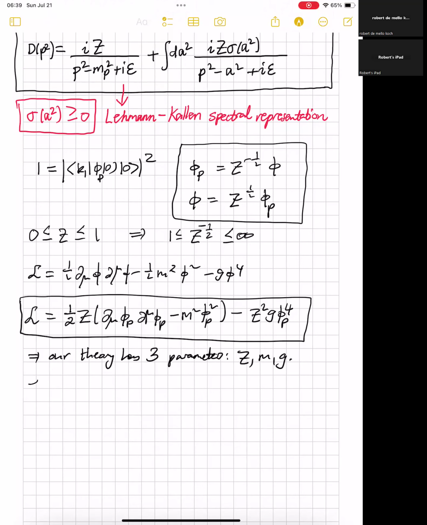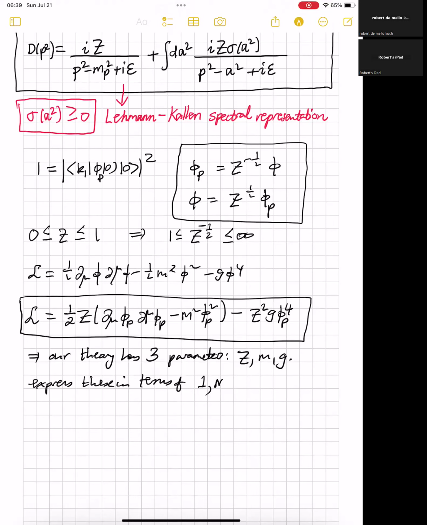We want to express these in terms of, now before, Z was the probability of creating a single particle state. Once we've renormalized our field, we create a single particle state with probability 1. So I'm putting the 1 there. It's of course not a parameter, but I'm putting it there to remind you that this is how we determine the strength of our physical field. We say that we want our physical field to create a single particle state with probability 1, and that's the one that I'm writing there.